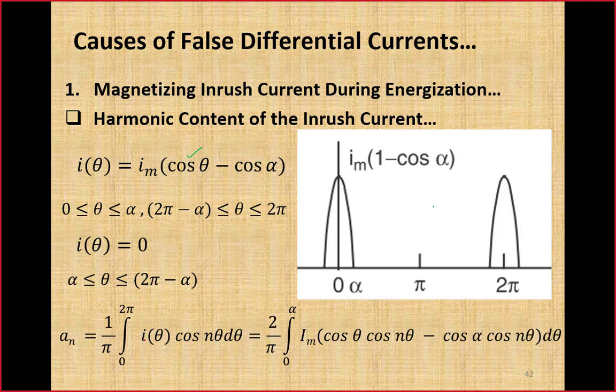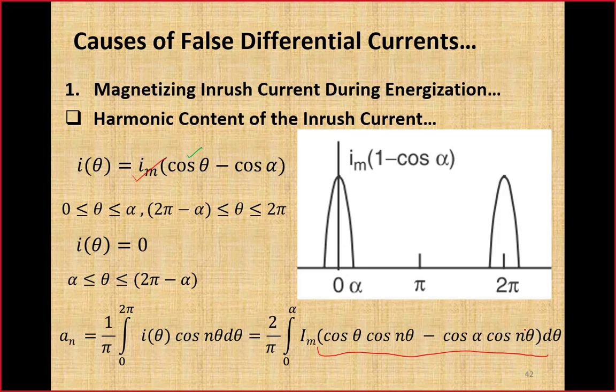This I(theta) is the magnetization current multiplied by the sinusoids of all orders. N will vary from 1 up to infinity, so all harmonic orders are included to calculate the Fourier series. Now if we substitute the values for current I(theta), that is Im times cos theta minus cos alpha, multiplying with cos n theta, this is the expression we have obtained: Im cos theta cos n theta minus cos alpha cos n theta, d theta.